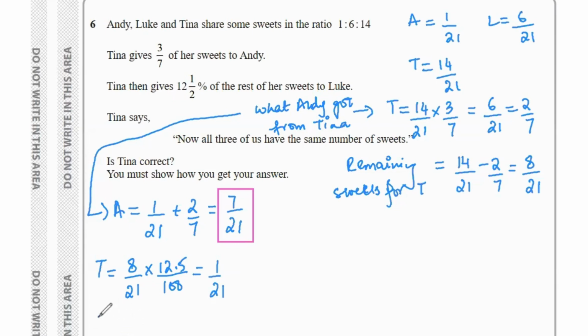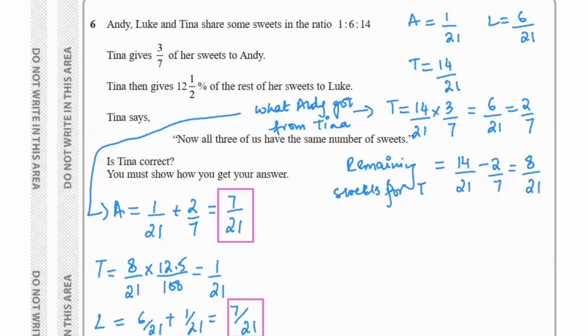So now Luke will have 6 over 21 plus 1 over 21, which is 7 over 21. So let's highlight this as well now. This is what Luke has. This is what Andy has.